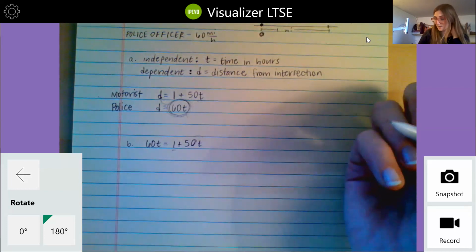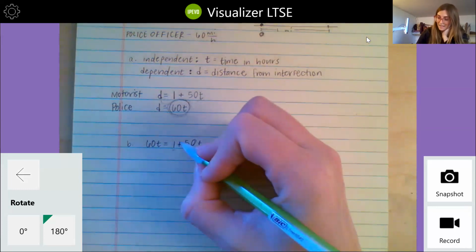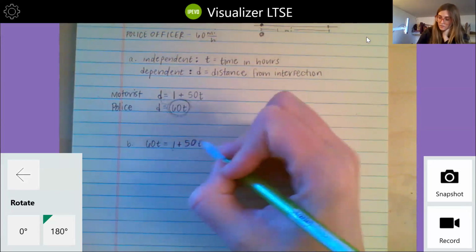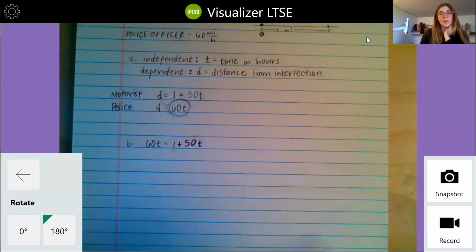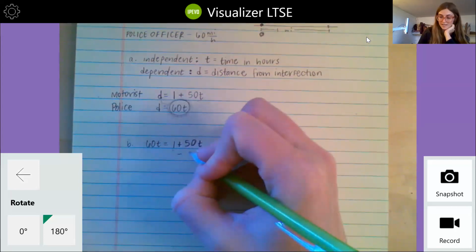Since we're adding 50t on this side, the way I undo that is the inverse operation. The inverse operation of adding 50t is subtracting 50t.